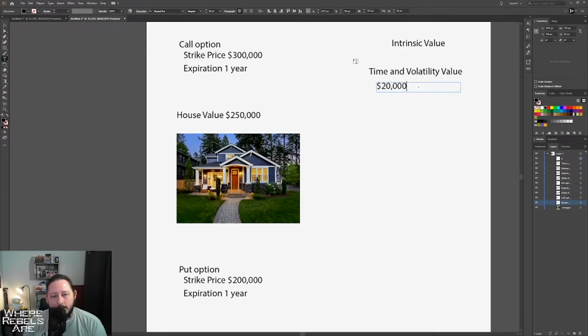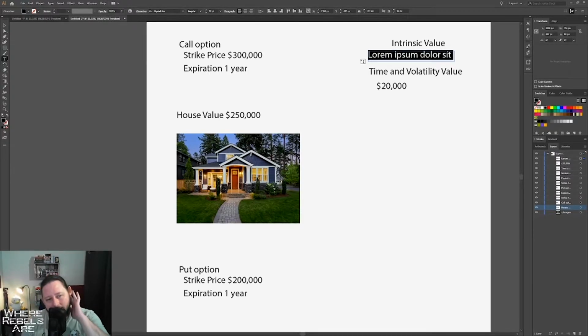This is taking into account that the house is not yet worth $300,000. It is also taking into account that you have some time and that the markets are overall rising. So that's your introduction to time and volatility. This is referred to as part of the premium that you pay, because whenever you trade a contract, there's an exchange of capital.